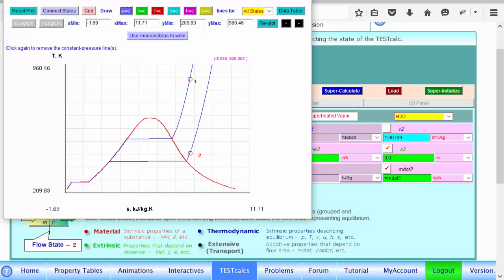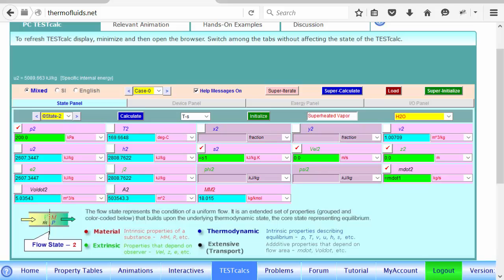Imagine in a more complex problem. So you have to learn how calculated states map into a diagram such as the TS diagram, very widely used in thermodynamic analysis. Okay, so let's verify the enthalpy we got is 2808 for state 2. Again, our eyeball calculation was 2800, very close.